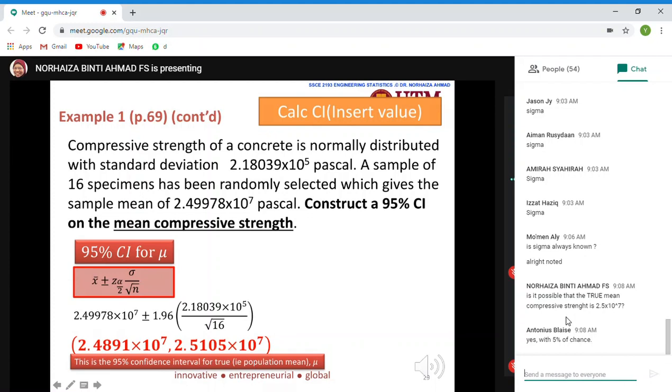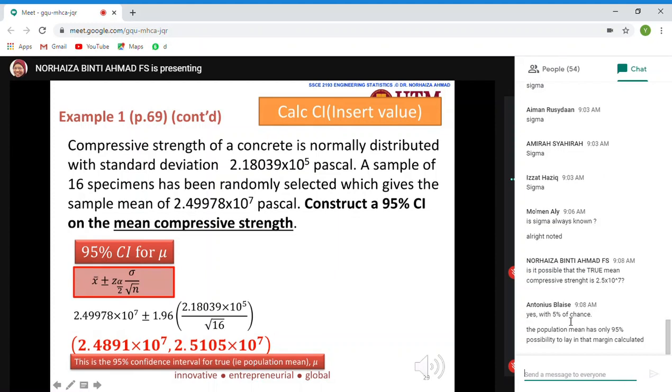Anyone? Antonius, your explanation is correct. It has only the 5% possibility.